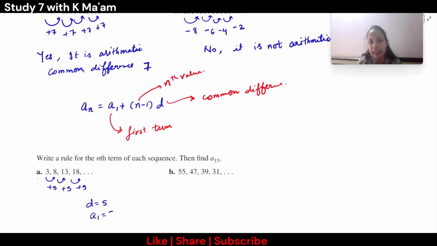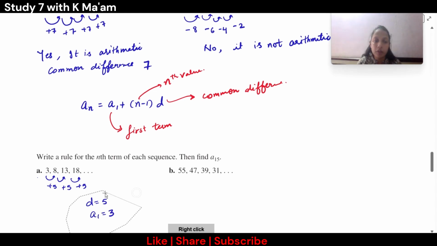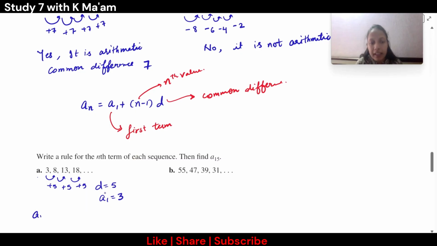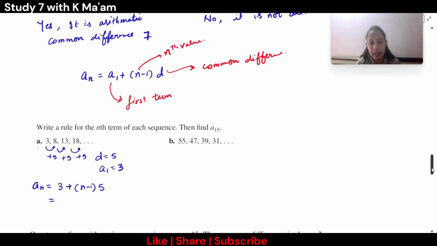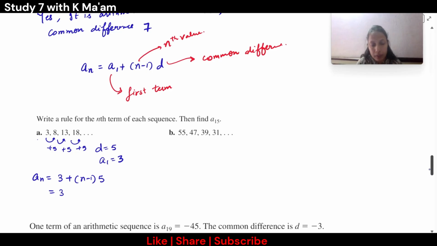So a1 is 3. Let's write the general formula: an equals 3 plus n minus 1 times d. d is 5. You can open the bracket and substitute. It is 3 plus 5n minus 5. 3 minus 5 is negative 2, plus 5n. Done. That's it. This is the nth term formula.